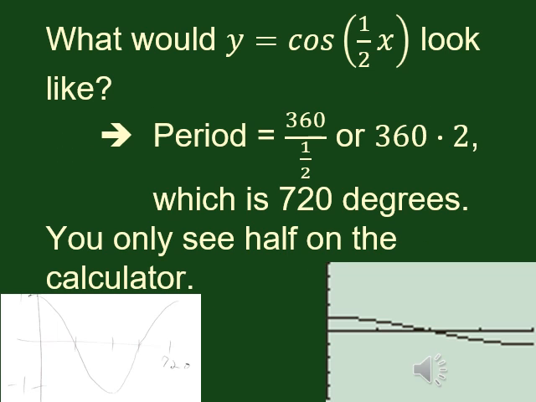This is a graph that the calculator really doesn't show very well, because since it cuts off at 360 degrees, you're really only looking at half of the graph. It's another one that's really easier just to graph by hand. I know the period's 720, so if I put 720 at the end of a basic cosine graph, that's what it's going to look like.